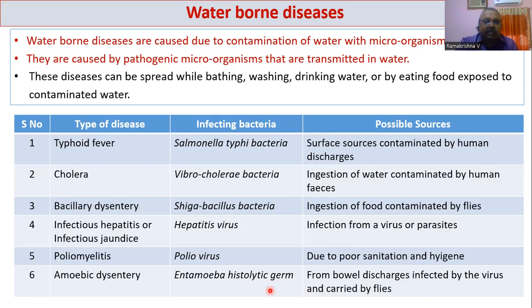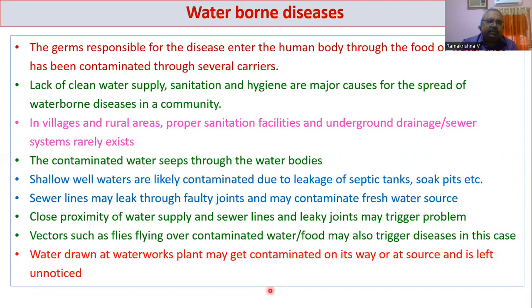So what we understand from this slide is that these waterborne diseases are caused by exposure to contaminated water, or at the same time exposure to contaminated material, where the flies transmit the disease to a particular source.